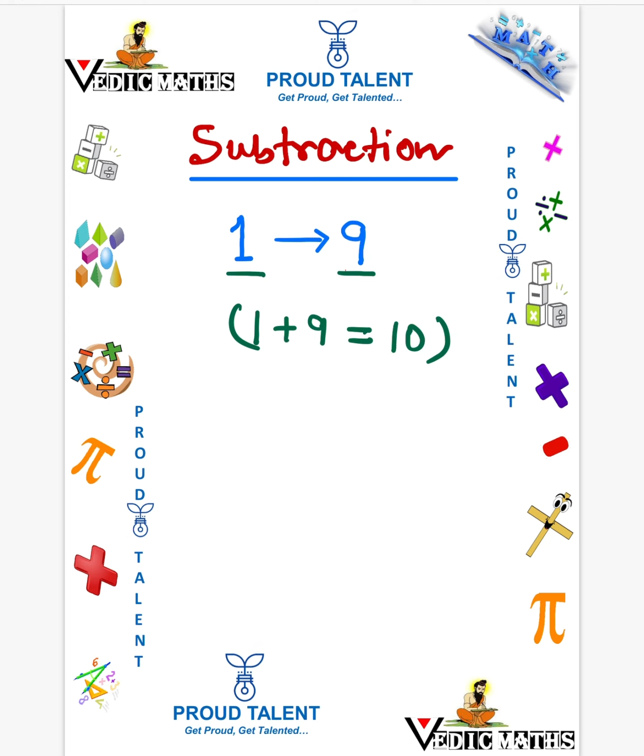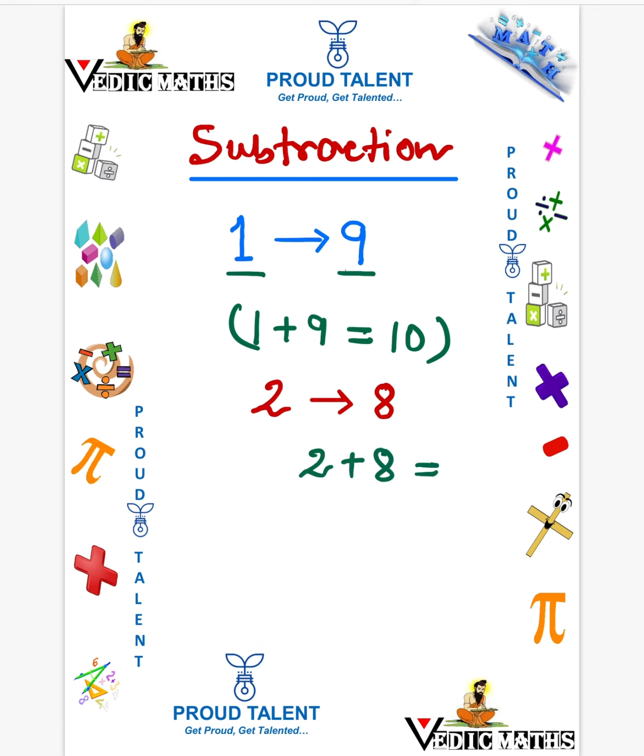Similarly, if I ask you what is the complement of number 2, you can easily tell me that the complement of number 2 is 8, because we already know that 2 plus 8 is equal to 10. Clear?